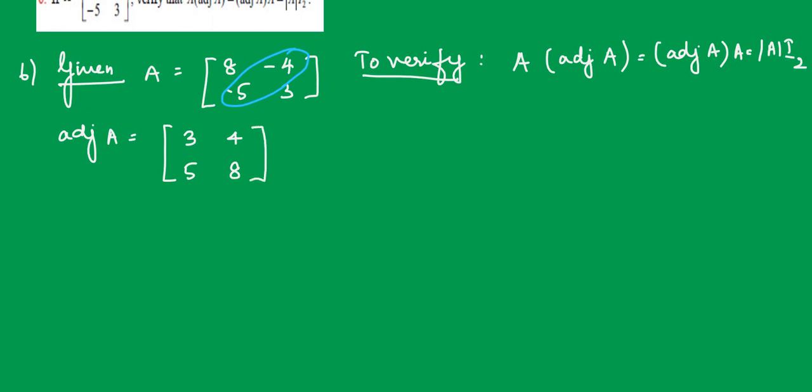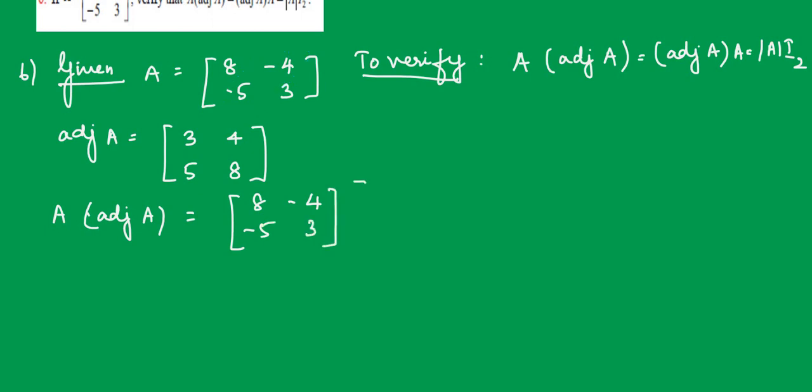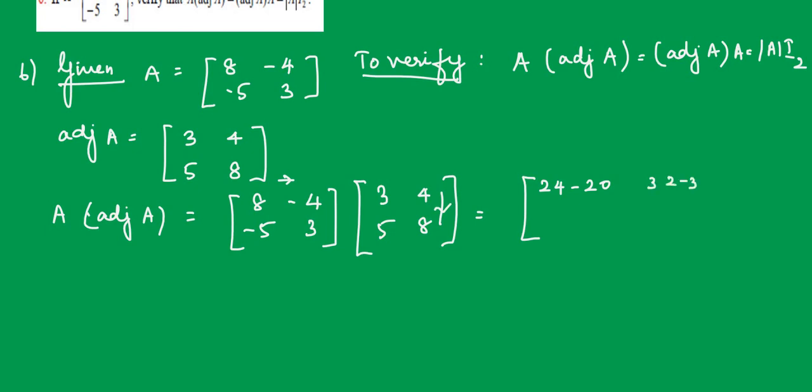Now next I am going to find what is A into adjoint of A. It's equal to [8, minus 4; minus 5, 3] is the A matrix, into adjoint of A, [3, 4; 5, 8]. So multiply first row, first column elements gives us 8 into 3, 24, minus 20. Next first row, second column elements: 32 minus 32.